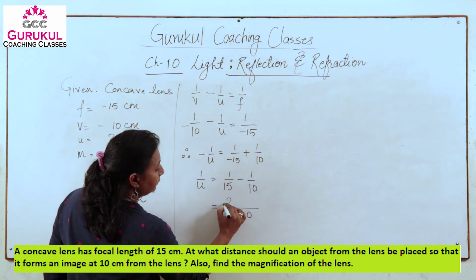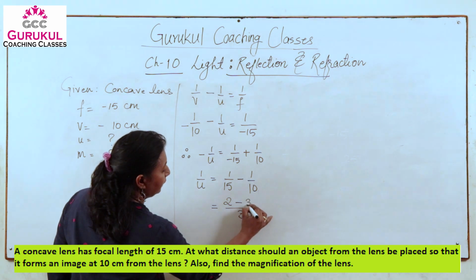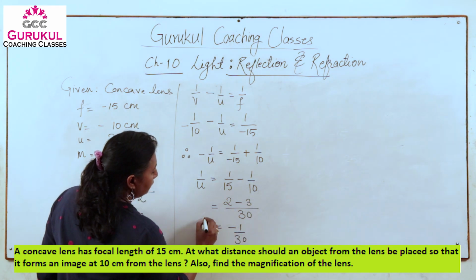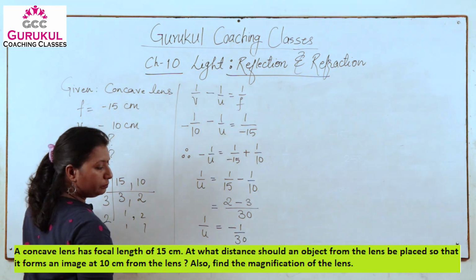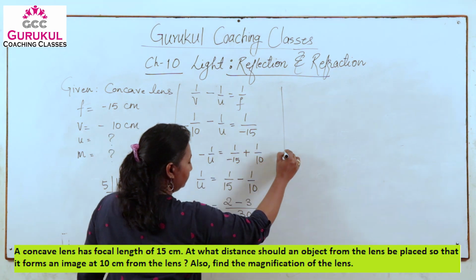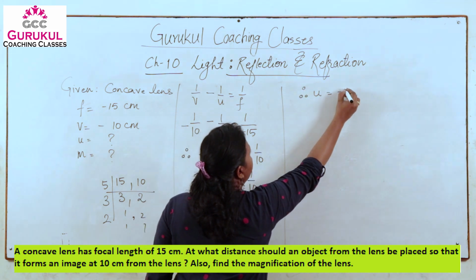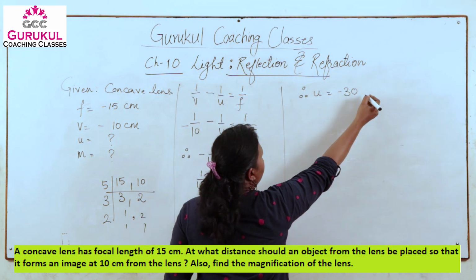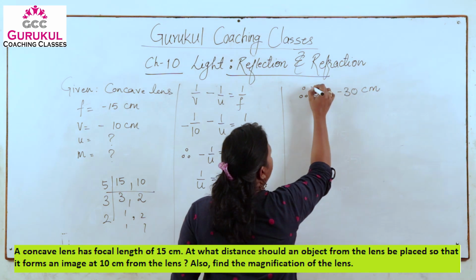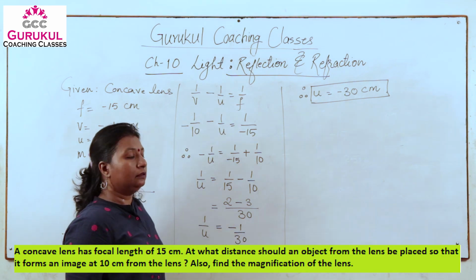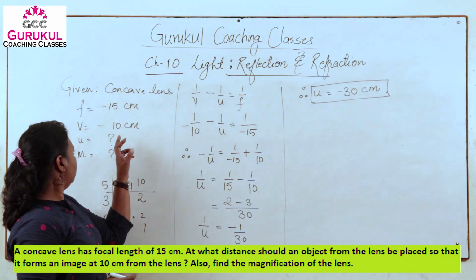So 15 twos are 30 minus 3. So it is minus 1 by 30. So 1 upon u is equal to minus 1 by 30. Therefore, u is equal to minus 30 centimeters. Is it clear? So we got the value for u.